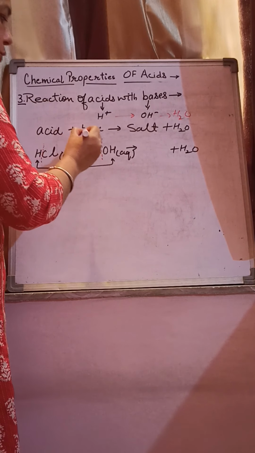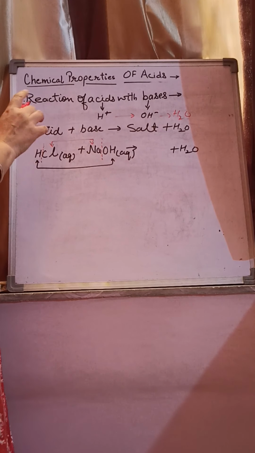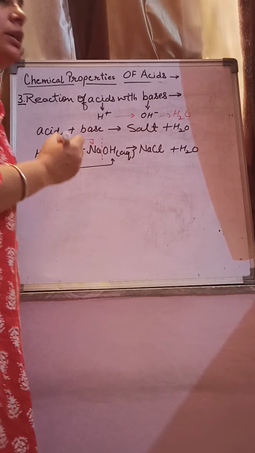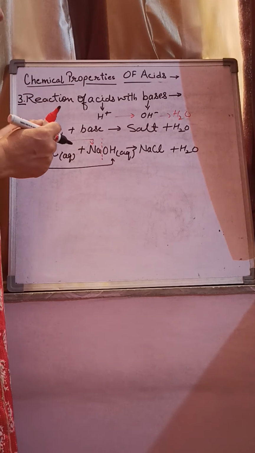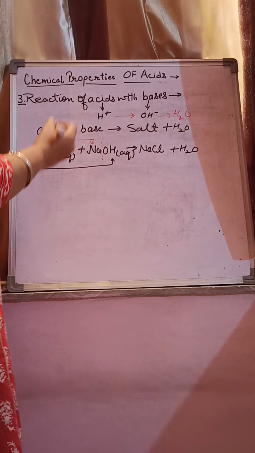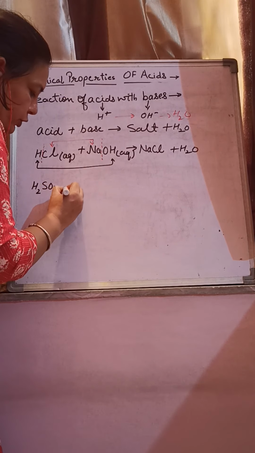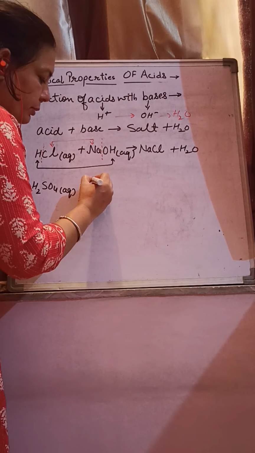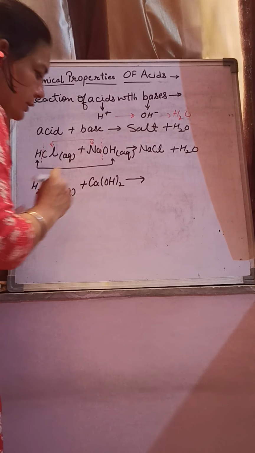What will happen? Sodium, meaning metal, reacts with the anion part of the acid and there is a formation of salt. So which salt is produced in this reaction? Sodium chloride is produced. So when acid reacts with base, there is a formation of salt and water. Let us take one more example. H2SO4, sulfuric acid, aqueous solution of sulfuric acid, plus you can take any base, calcium hydroxide, Ca(OH)2.